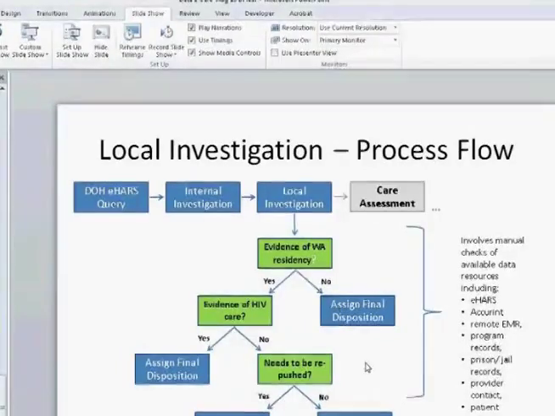Okay. And how is EHARS refreshed with the new information that's gathered by a local jurisdiction? Well, I have to say that that's a little bit of a jury rig right now.